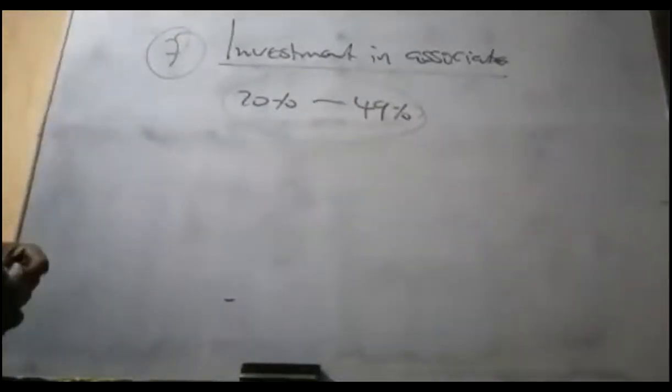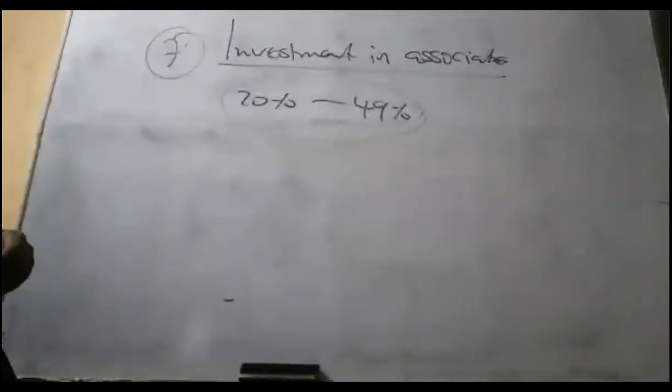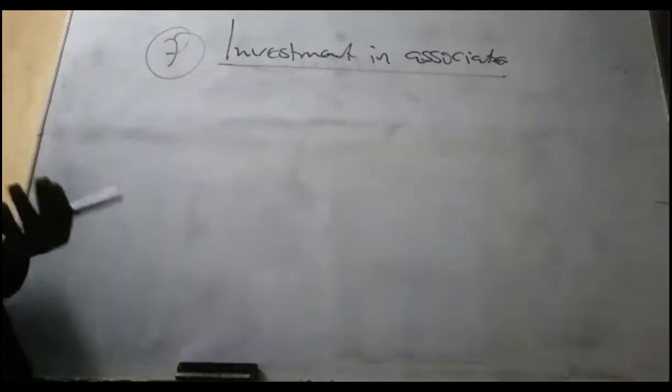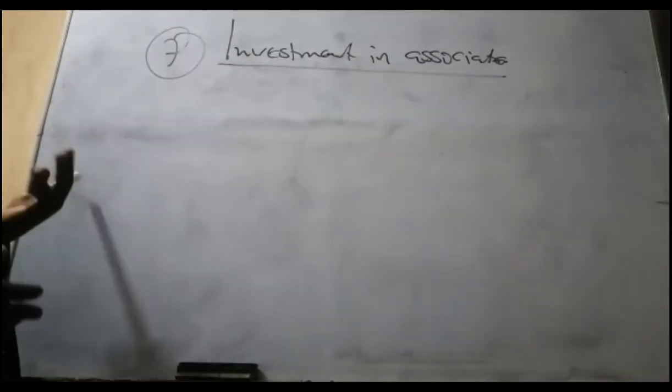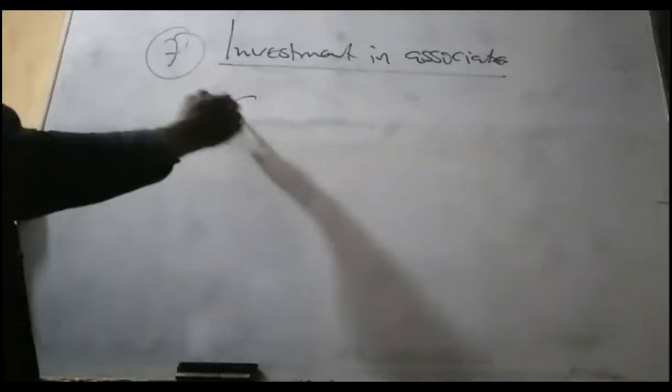You don't consolidate. Instead, on the financial position, it's an asset because it's an investment, a non-current asset. So after the goodwill or after your PPE, add it. We are going to use what is called the equity accounting method.